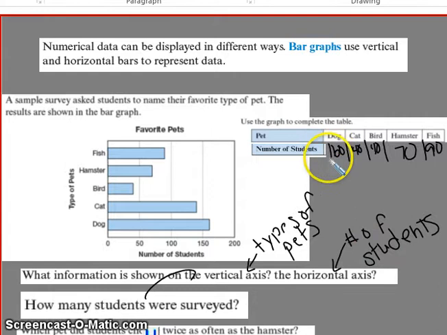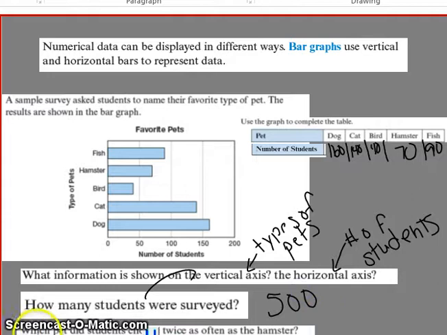I said there are about 160 people who like dogs, and 140 people who liked cats, about 40 who liked birds, about 70 who liked hamsters, and about 90 that liked fish. So if we add all those numbers together, we get 500. So it appears that there were about 500 people that were surveyed.